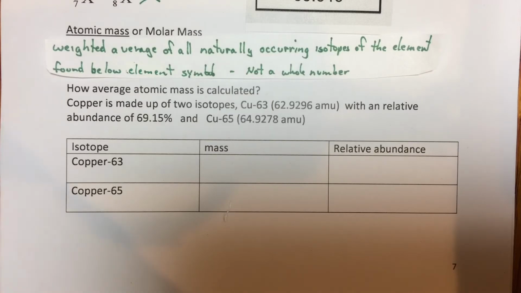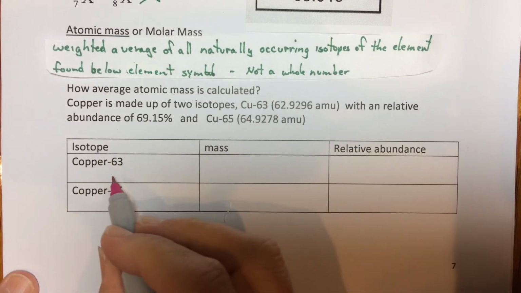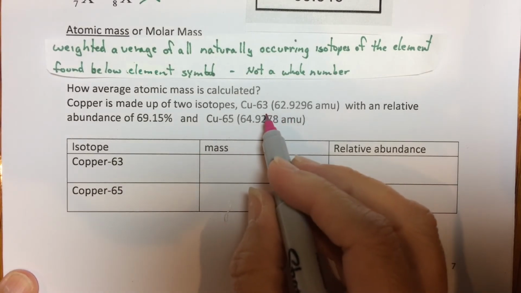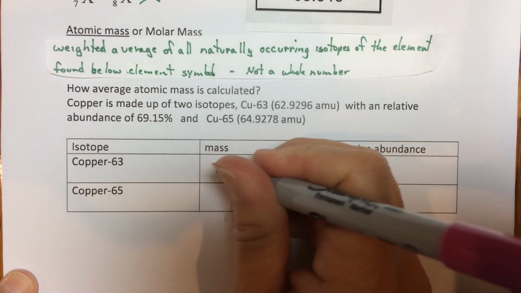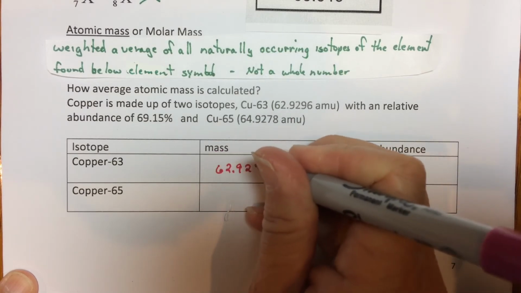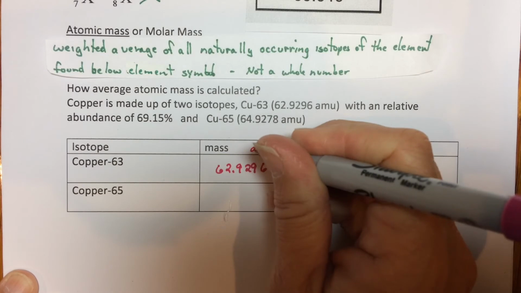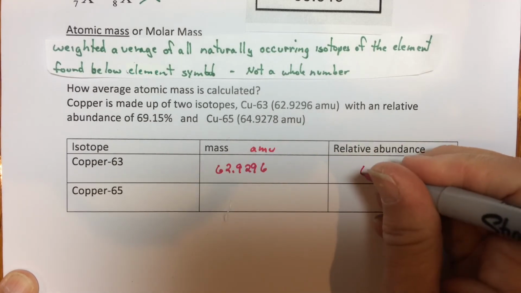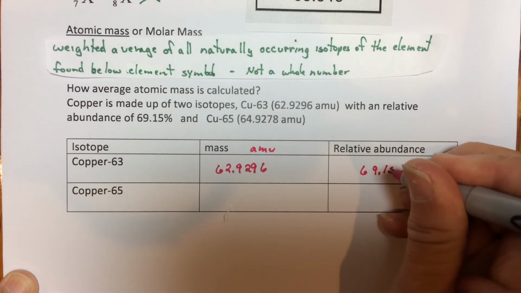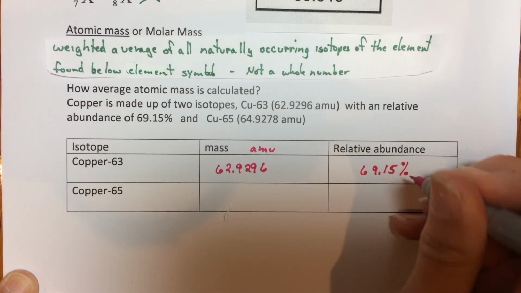So let's do copper 63. Copper 63 has a mass of 62.9296 AMU. The relative abundance is 69.15%.